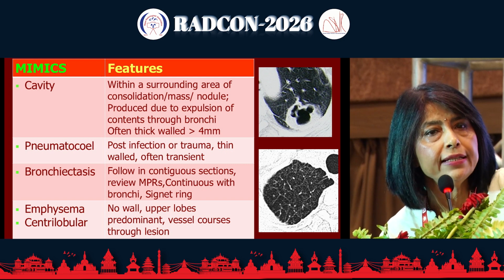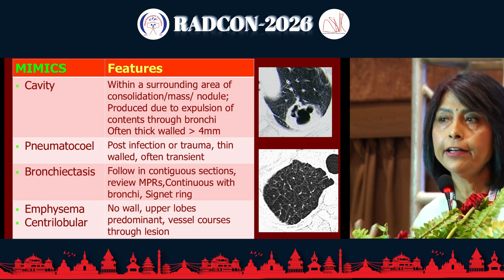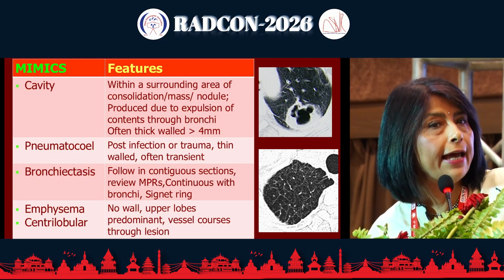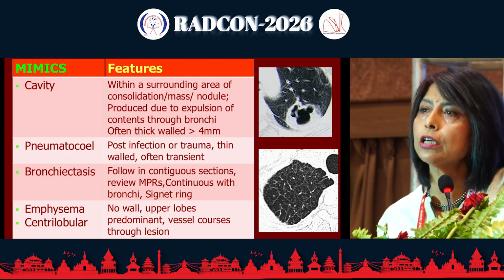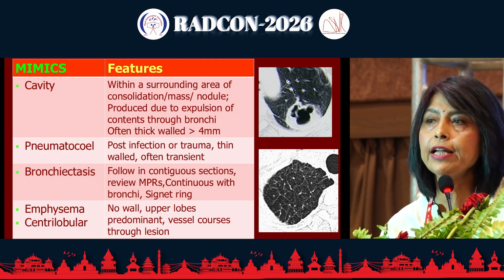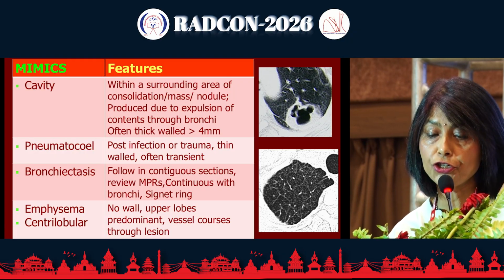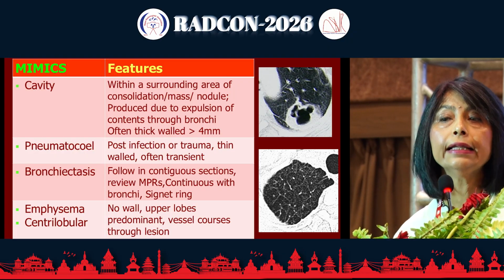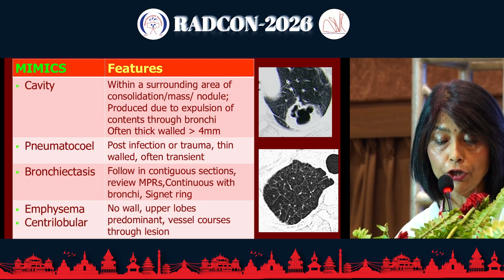It necrosed in the center, all the muck got thrown out through the bronchus, and then it emptied out and formed a cavity. That is a cavity. A cyst, by definition, does not communicate with the bronchus. So it has nothing to do with the bronchus, and it may occasionally have a past history, but it has not followed this journey. The lesion which follows this journey is a cavity or a pneumatocele.